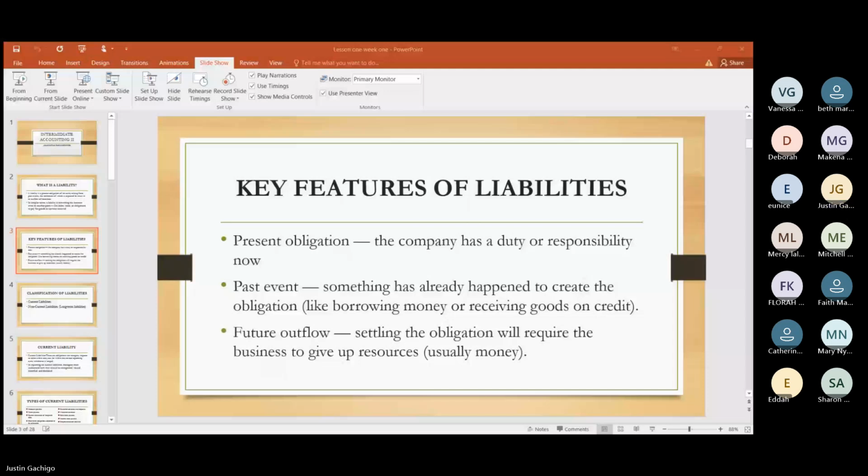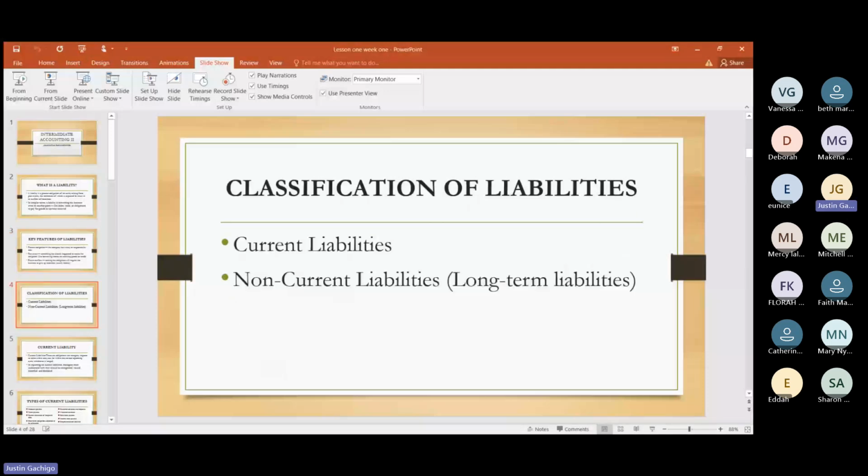Okay. So classification of liabilities, like the way we have assets. We have current assets and we have long-term or non-current assets. Similar to that, for liabilities, we have current liabilities and non-current liabilities.